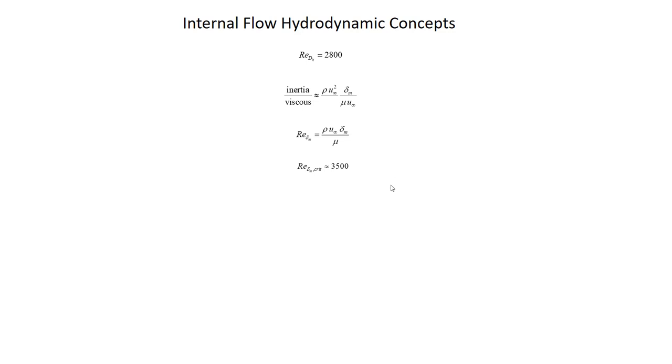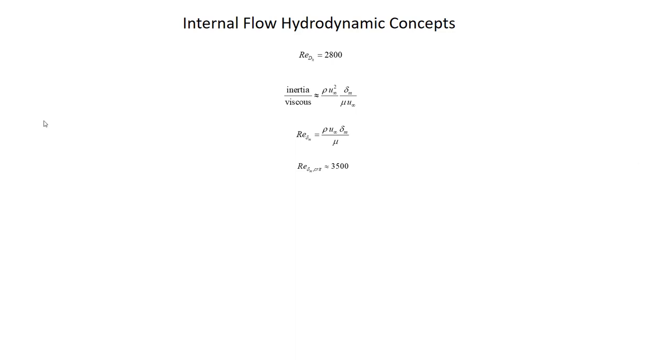The other thing, just to go back and remember, we did also say that you could define a Reynolds number based on the momentum boundary layer thickness, right? This is way back when we were talking about turbulent concepts, and we said if you define a Reynolds number based on momentum boundary layer thickness, that's a much more physically realistic Reynolds number.